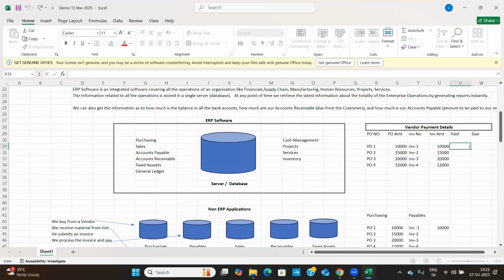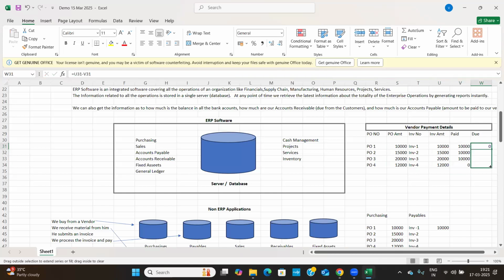So you have paid against this the full amount. You have paid only 10,000 against it, and you have paid 10,000 against it, and you have not paid any amount on this. How much is the amount due?